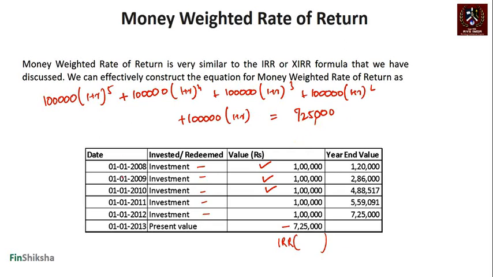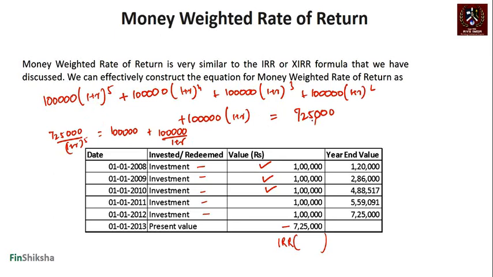In other words, I can also write this as 725 divided by 1 plus R to the power 5. I divide both the sides by that, and this is 1 lakh plus 1 lakh divided by 1 plus R. So I've divided both sides by 1 plus R to the power 5.